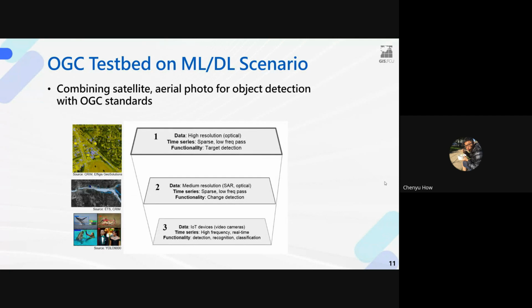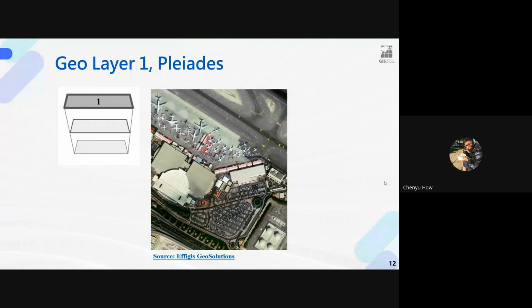So we apply these data sources for object recognition, change detection, real-time event monitoring, and some target identification. So these studies are meant to collect different resolution data resources, and this is the Pleiades.